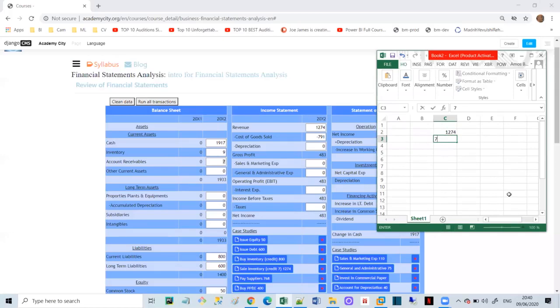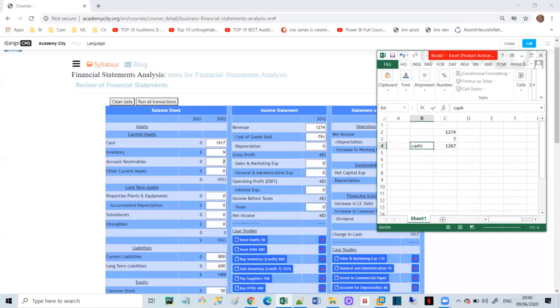Therefore, cash came to the company bank account. That's the total cash that came to the bank account. How much? $12.67. In other words, I sold for $12.74, but I only collected this amount of cash.